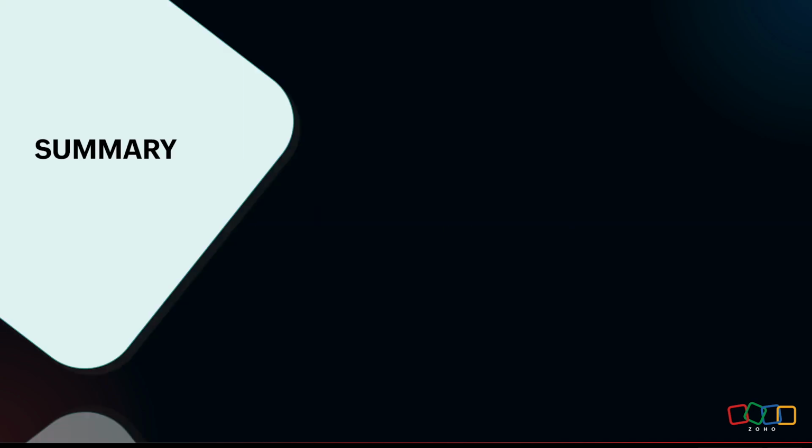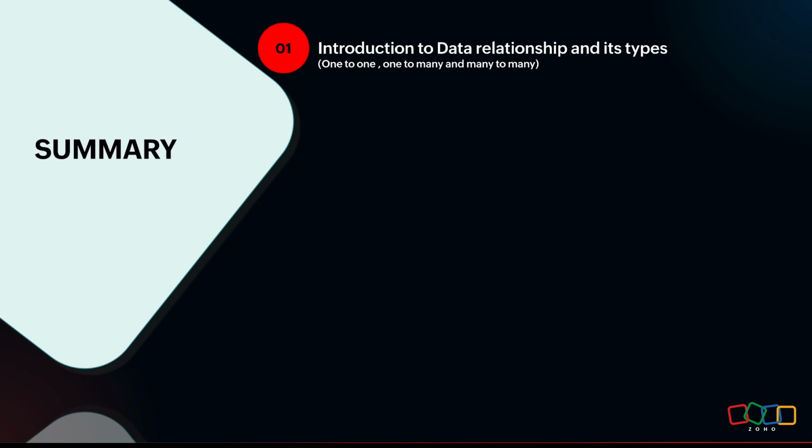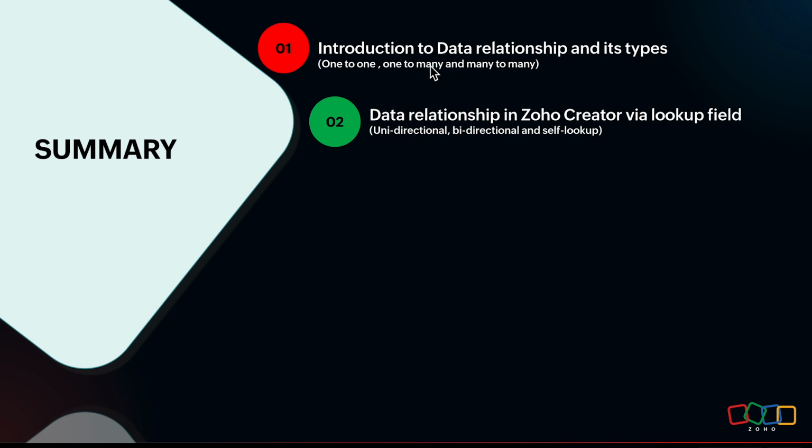With this, we have come to the end of this webinar. Let me summarize the topics that we just discussed. So initially, we started off with an introduction to what is data relationship and the different types of data relationship that we have, where we discussed one-to-one, one-to-many and many-to-many relationships, right? Then we learned about how you can bring in all these different types of relationship within your Creator platform by either creating a unidirectional or bidirectional or self lookup, and how the lookup field is going to help you with the same, right?